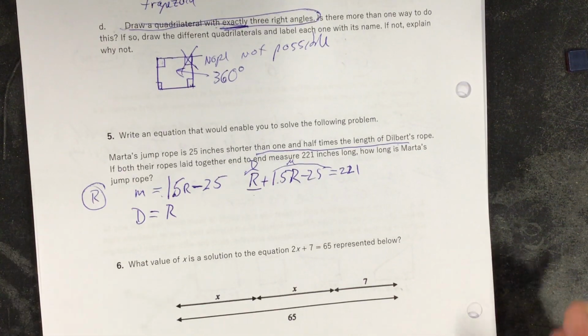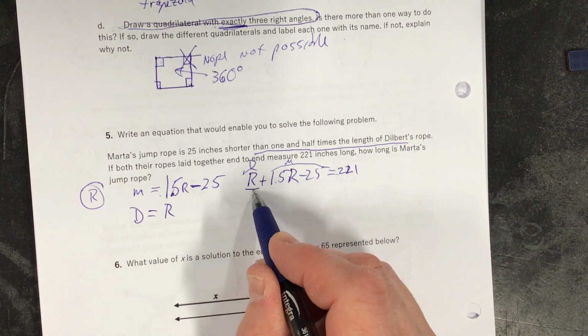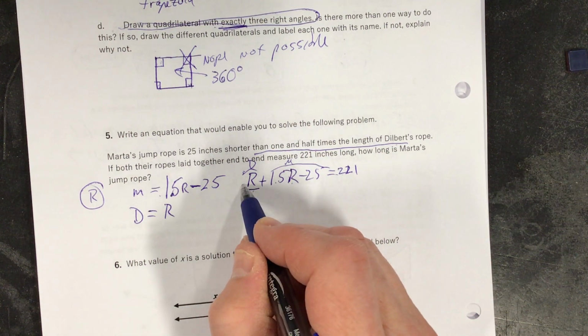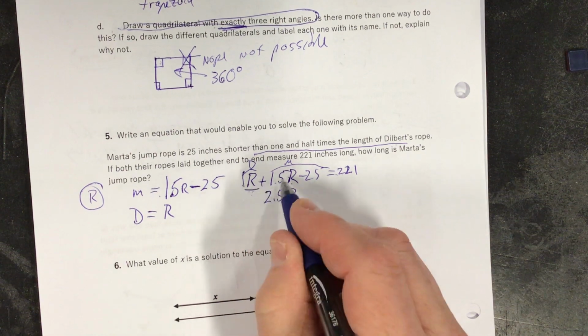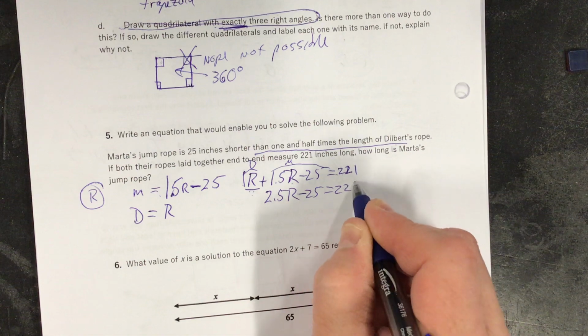So if it's 221 inches long, let's see, how do I simplify this? Well, I think we just take these 2 R terms. This is really 1 R, so it comes out to 2.5 R. 1 R plus 1.5 R. And then minus 25 equals 221.